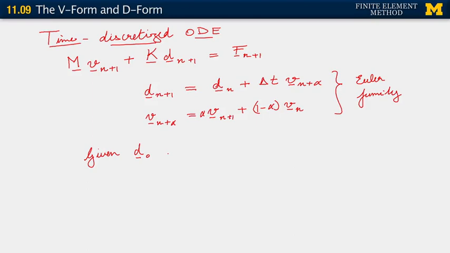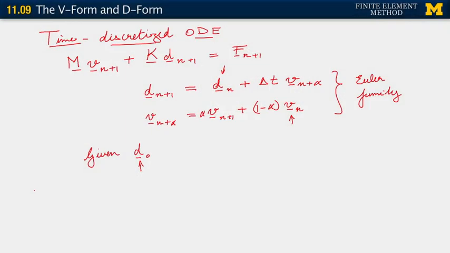So in general, you really see this idea of time stepping. Given quantities dn and vn at tn, this is a scheme for going from n to n plus 1, and it uses the initial condition here.